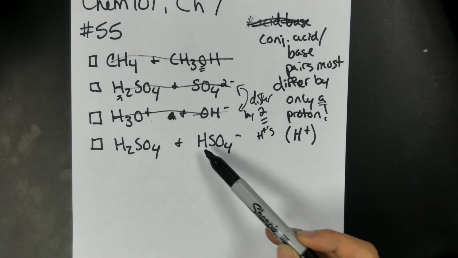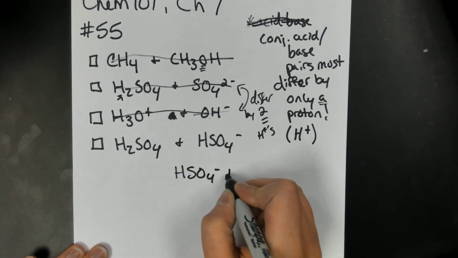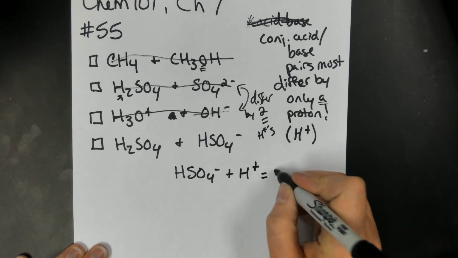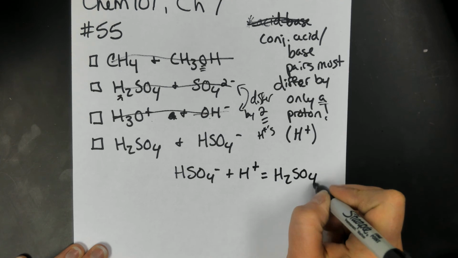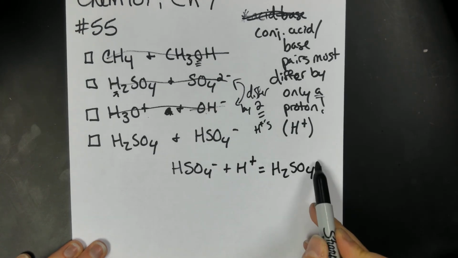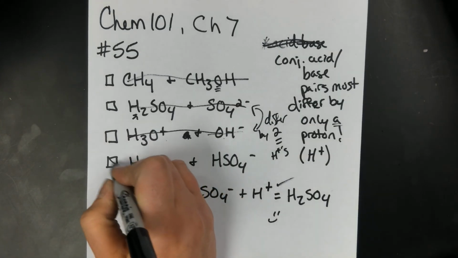So if I took HSO4 minus plus an H+, that would equal H2SO4. The hydrogens combine and the charges combine. So check mark, happy, yippee. It's this one right here.